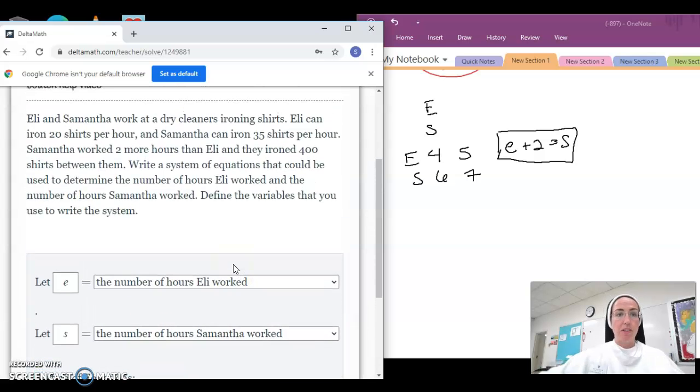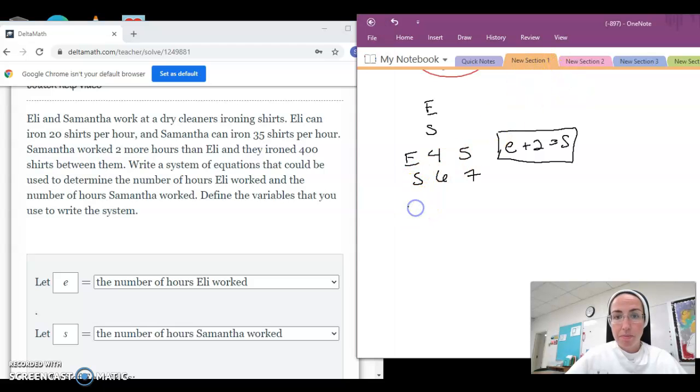And what's the other information? They ironed 400 shirts between them. So 400 is going to equal something. Well, Eli ironed 20 shirts per hour. 20 shirts per hour times the number of hours Eli worked is the number of shirts he ironed.